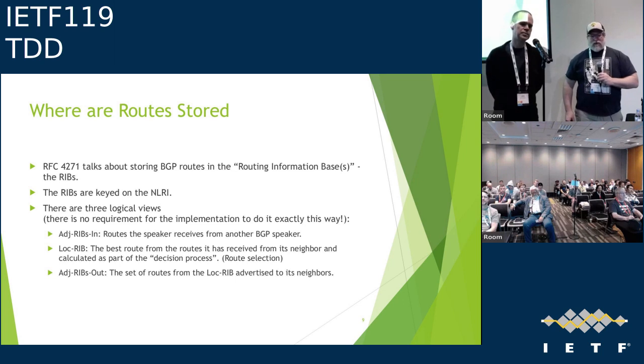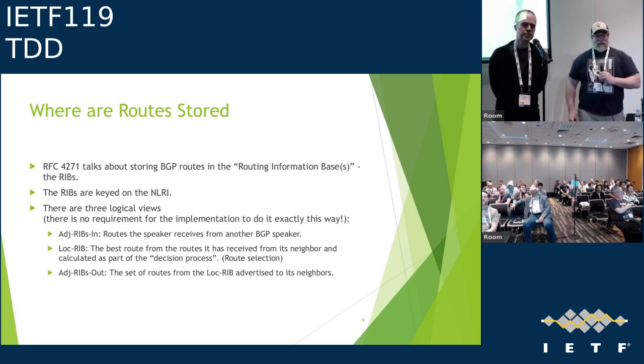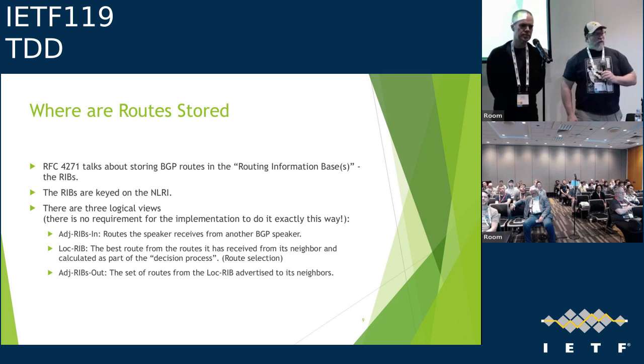Well, sort of in OSI type speak, because that's where we started this stuff, BGP routes go into the routing information bases, the RIBs. The RIBs are keyed on those NLRIs that we talked about. Again, this is why it looks like a key value protocol. And we have 3 views that BGP tends to use for things.